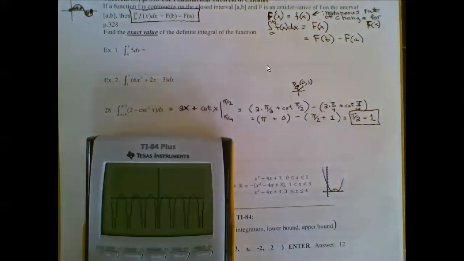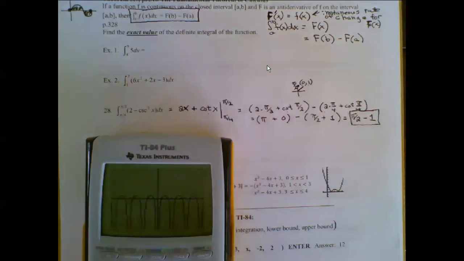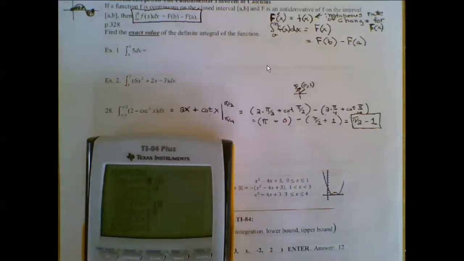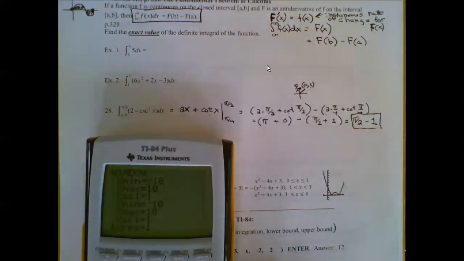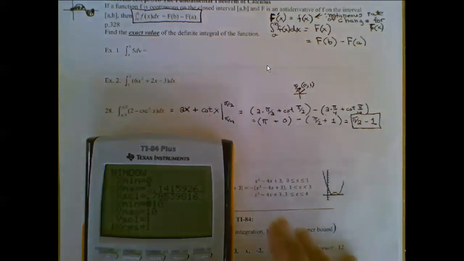Let me change my window, since I'm going to evaluate that from pi over 4 to pi over 2, and I want you to be able to see that really well. I'm going to change my window to be counting from 0 to pi by quarter pies. And my y's, I don't really care what they are. Let me graph it again.